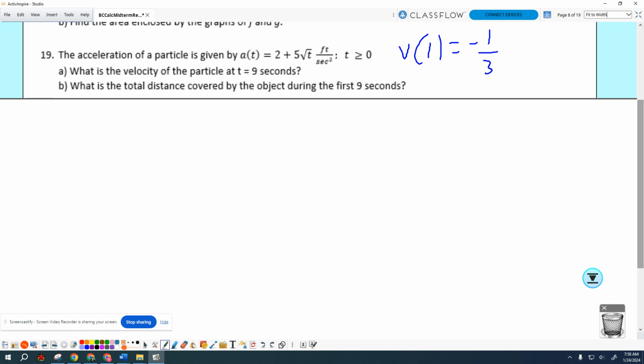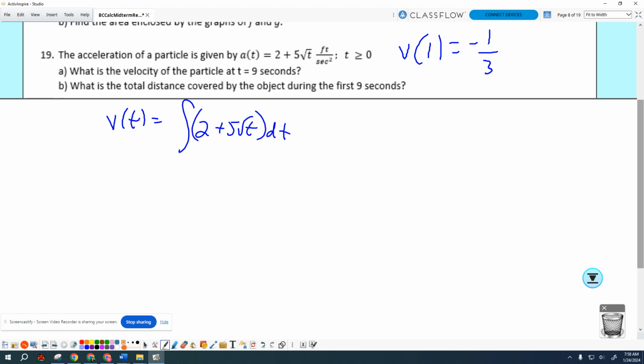Okay. Well, let's see. Physics people, what's the relationship of acceleration and velocity? The integral of acceleration is velocity. So velocity is the integral of acceleration.